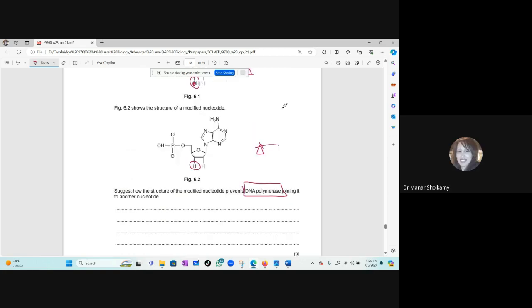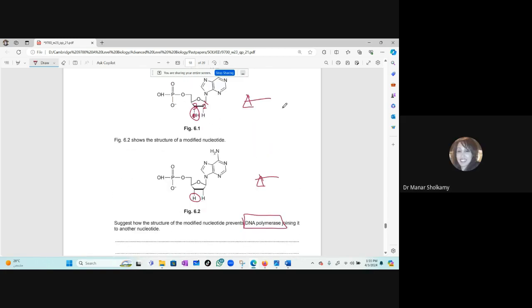Now, will the phosphodiester bond be able to be made? No. Remind me, the phosphate molecule is bonded to carbon number what, and carbon number what? Carbon number 5 of the same sugar, and carbon number 3 in the other nucleotide.